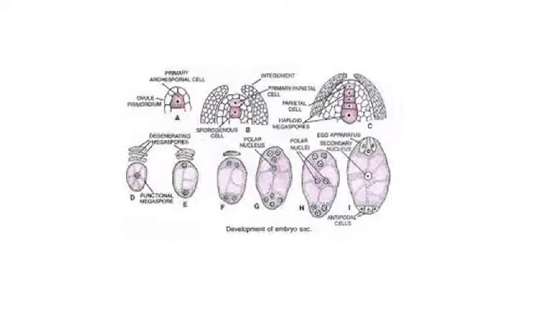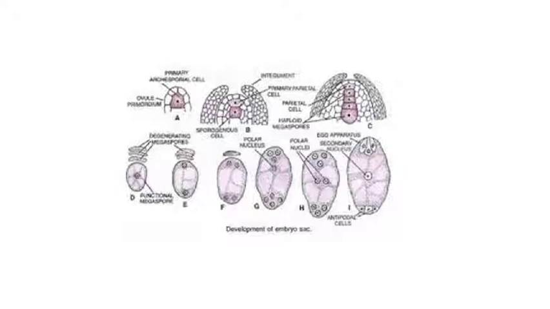This is the cellular diagram. The primary archisporial cell divides periclinally and forms the primary parietal cell and the inner primary sporogenous cell. The outer primary parietal cell may or may not divide further.